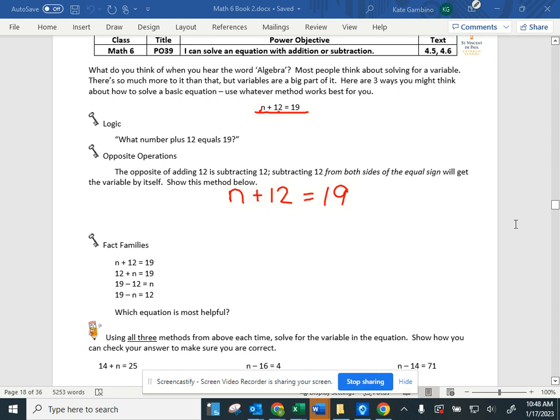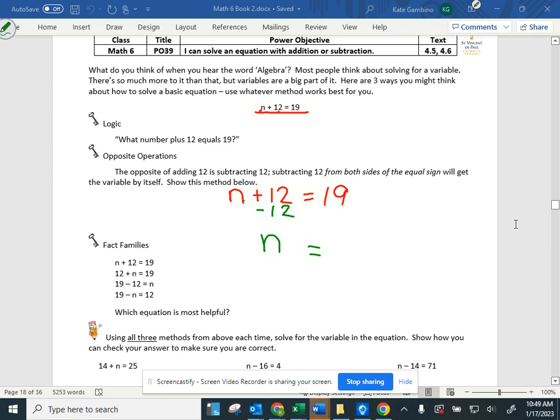I said sometimes you'll look at it and just be able to do that mental math and know the answer. This is the more complicated way. It's still easy, and it'll help us with our steps when we get to the harder method. So if we're going to do opposite operations, we want n by itself. So we're going to subtract the 12 away because 12 minus 12 is 0. And whatever we do to one side of the equation, we do to the other.